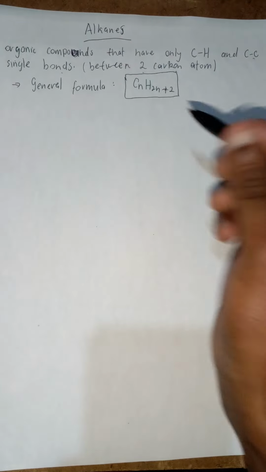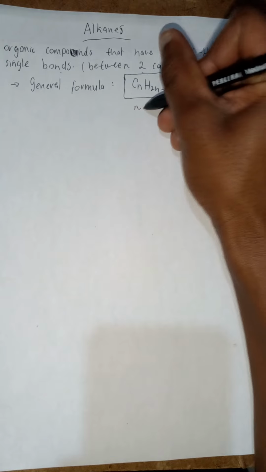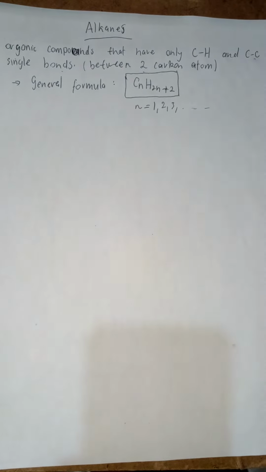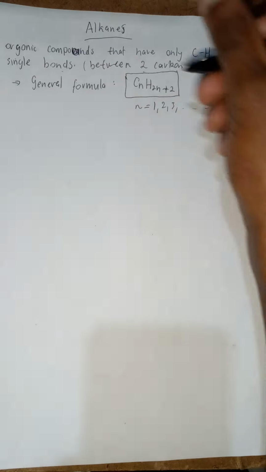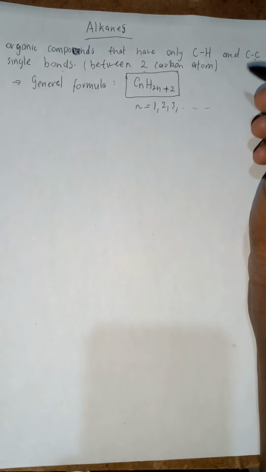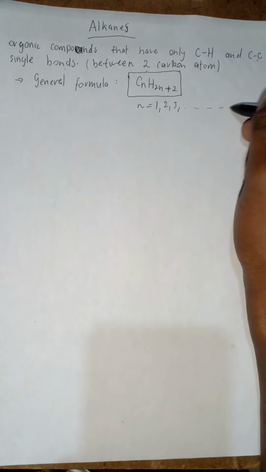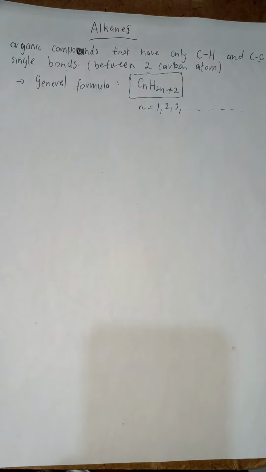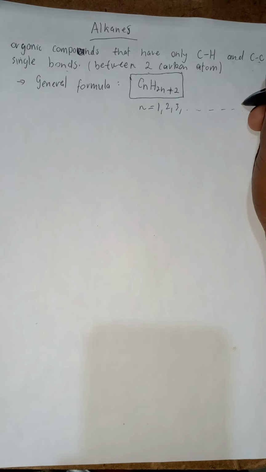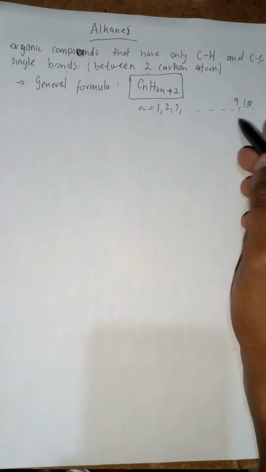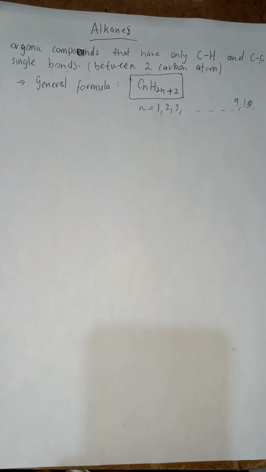Alkanes fall under this general formula, whereby we can say that n can be 1, can be 2, can be 3, and so on. In grade 12 it can go to as many numbers as you want, but in most cases it ends at number 9 or number 10.